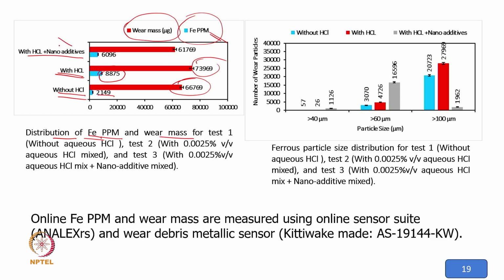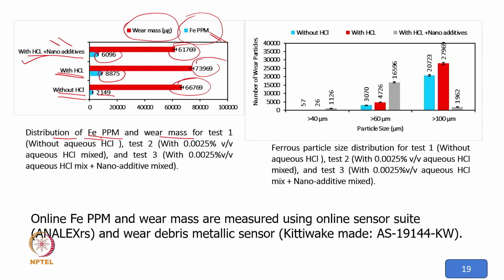Coming to the nanoparticles, the response has come down again. Fe ppm has come down from 8800 to only 6000, and the wear mass has also reduced. So nanoparticles really help to reduce the response.